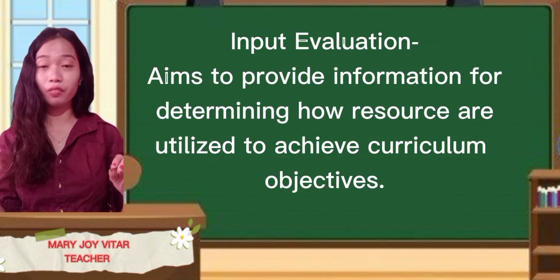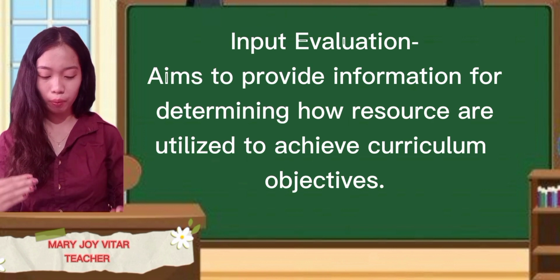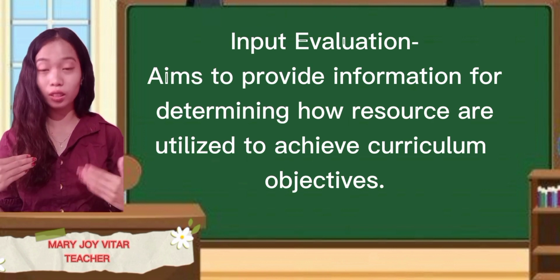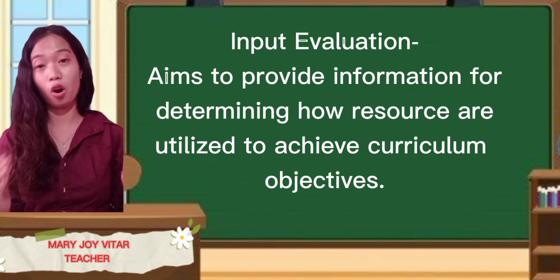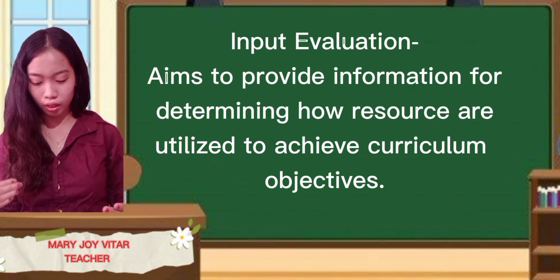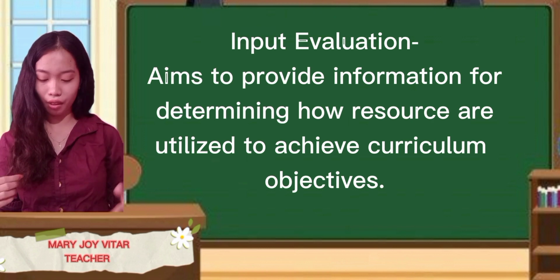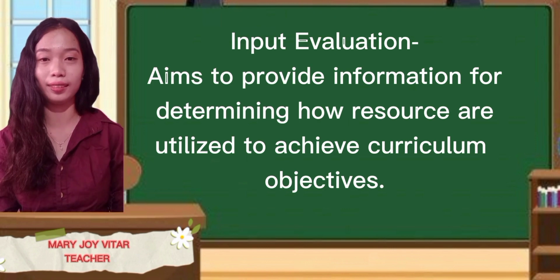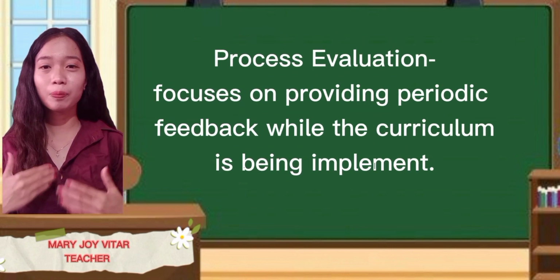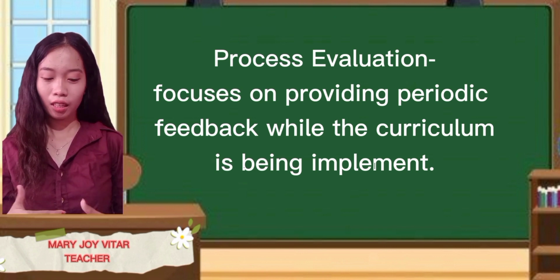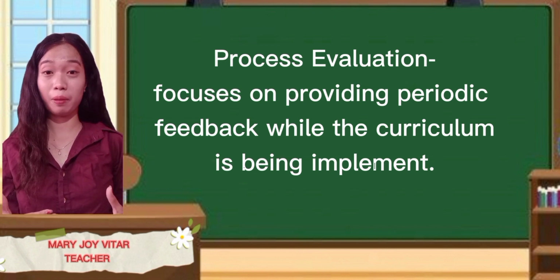The next in the sequence is the input. Input evaluation aims to provide information for determining how resources are utilized to achieve curriculum objectives. At this level, the resources of the school and the different designs for implementing the curriculum are considered. Next is process evaluation, which focuses on providing feedback while the curriculum is being implemented.